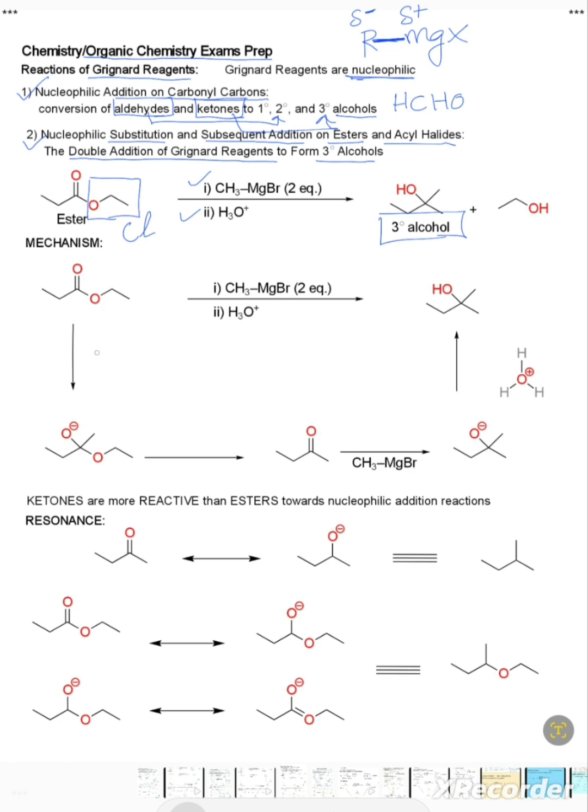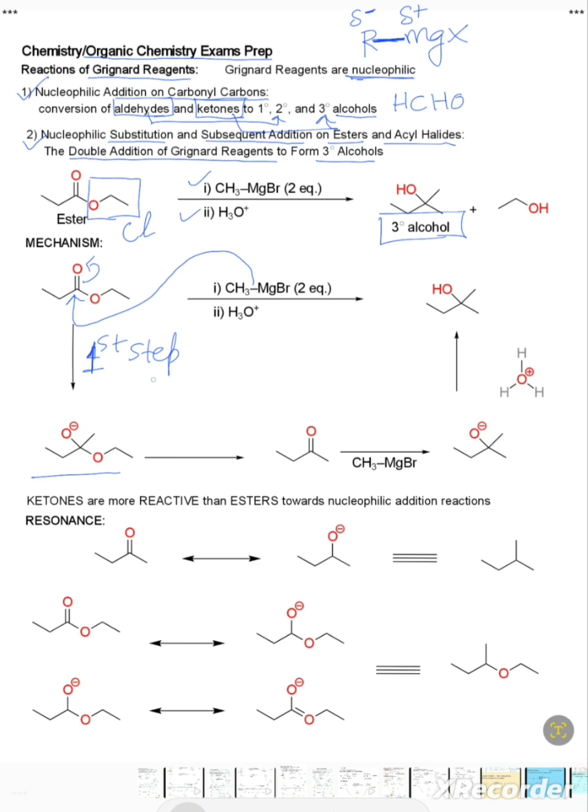Our first step is that the nucleophilic Grignard reagent attacks the electrophilic carbonyl group to form the tetrahedral intermediate.